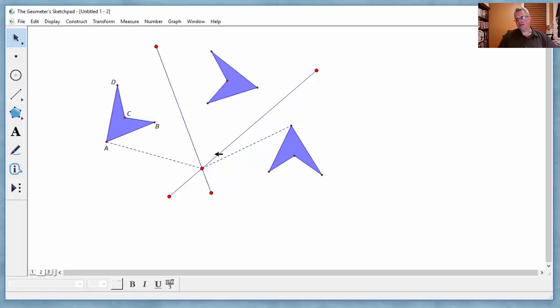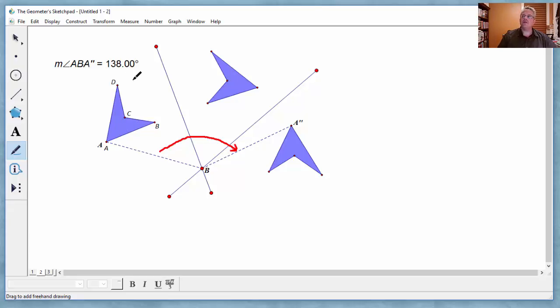It's not 180, but it's pretty big. I'll just tell it to measure angle, and it says 138 degrees. Beautiful. That's this angle right here. So this double reflection resulted in a rotation of 138 degrees.